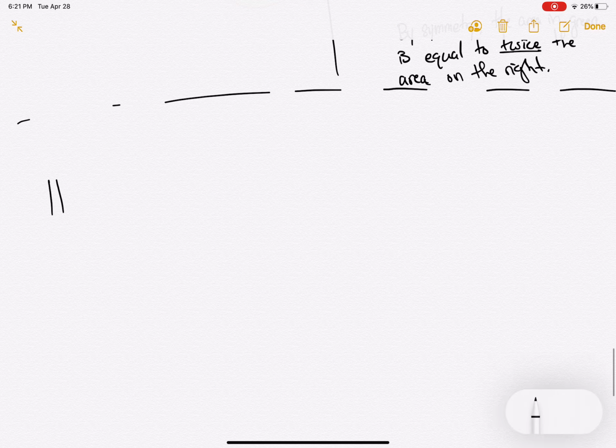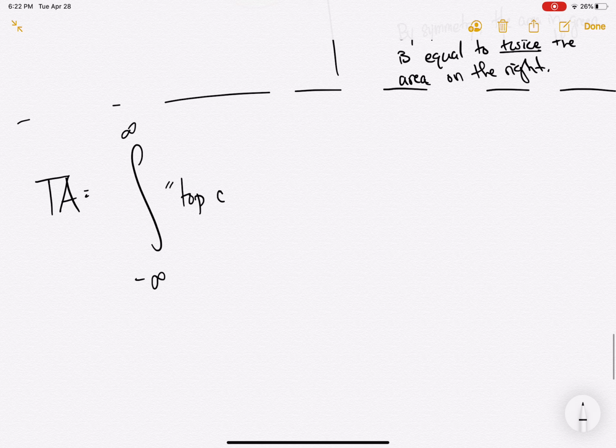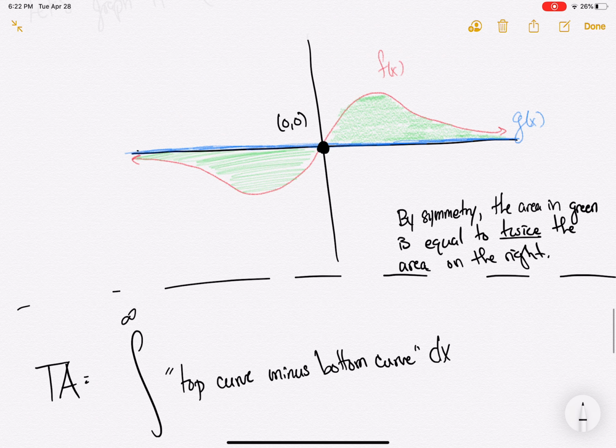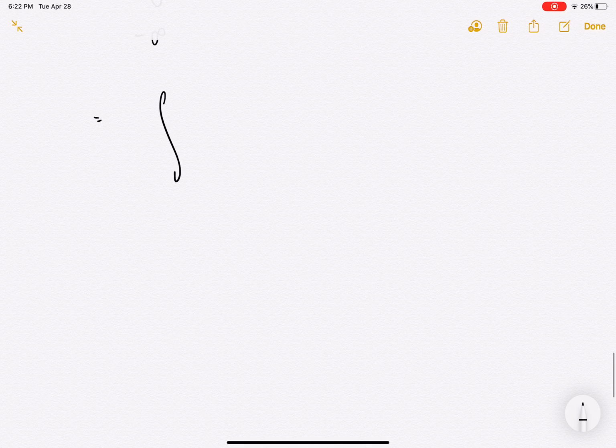So total area, TA, in this case is going to be the integral from minus infinity to infinity of top curve minus bottom curve, dx. But it splits at 0, so we're going to split at 0.